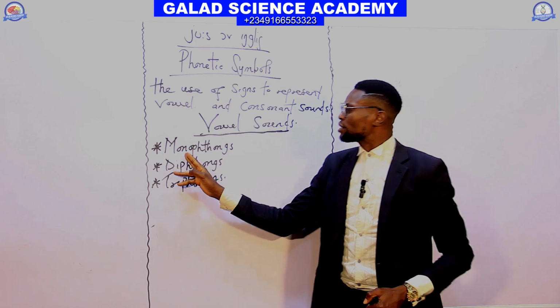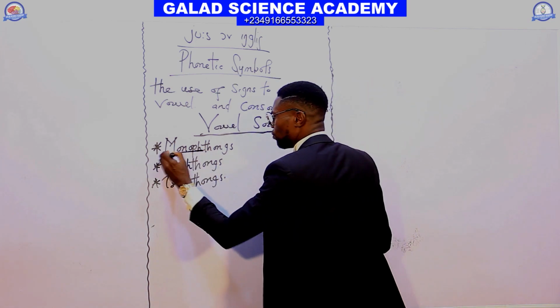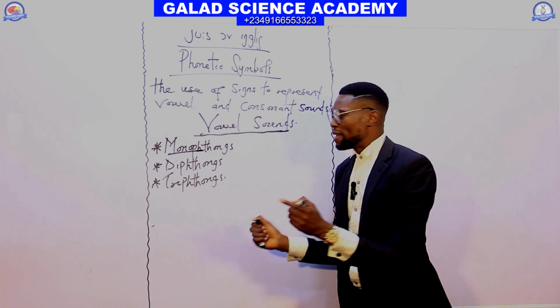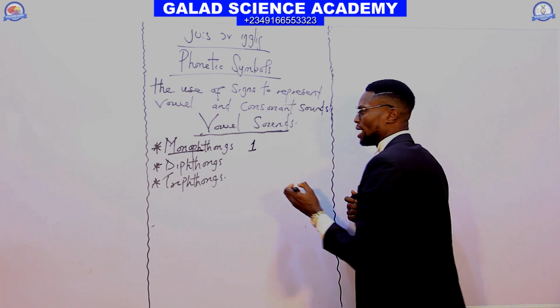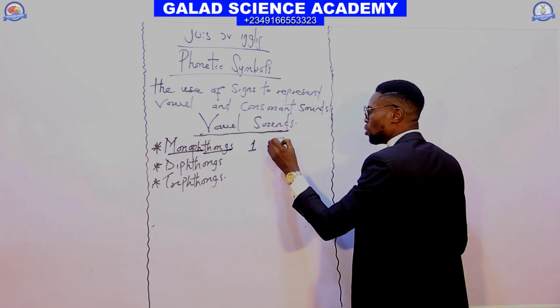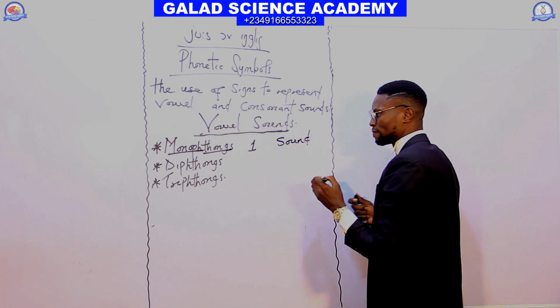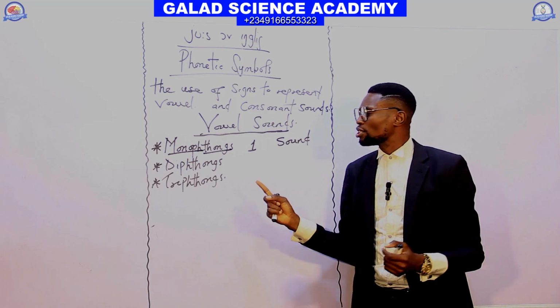However, when we talk about monophthongs, mono is gotten from a Greek word which means one, and phthong is gotten from a Greek word which means sound. May I quickly take you back to the origin of English?